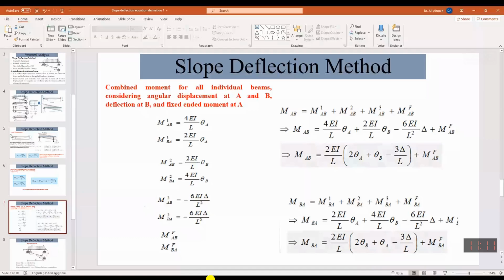If our far end is pin or roller, why is this MBA 0? You also said that it will be 0. Why should it be 0? Students, can you explain why this MBA is equal to 0?